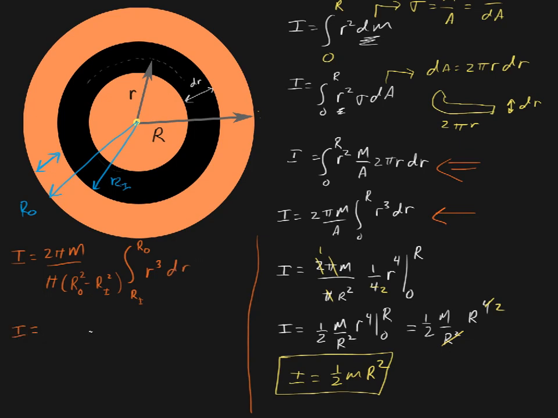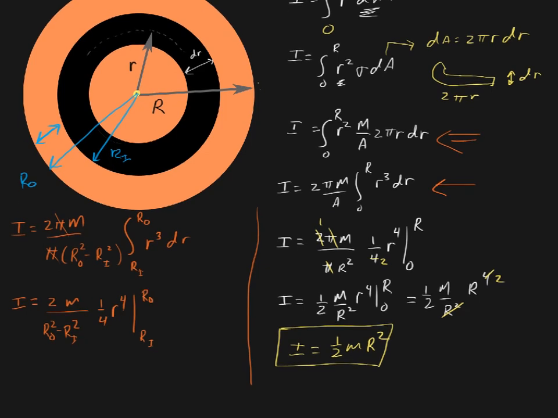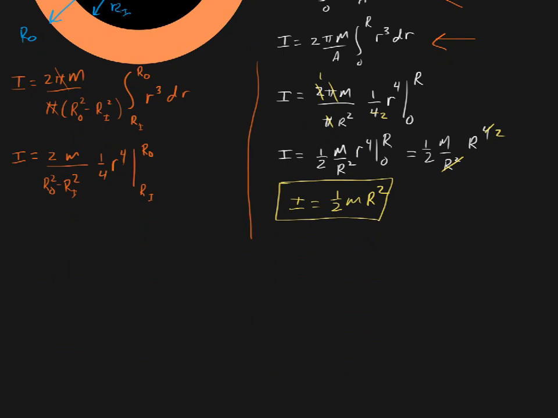So now I is equal to 2m, remember that these pi's here will cancel, 2m over r outer squared minus r inner squared. And then the integral of r cubed is still 1/4 r to the fourth, and then we have to evaluate that from r inner to r outer. And the rest of this is really just algebra.